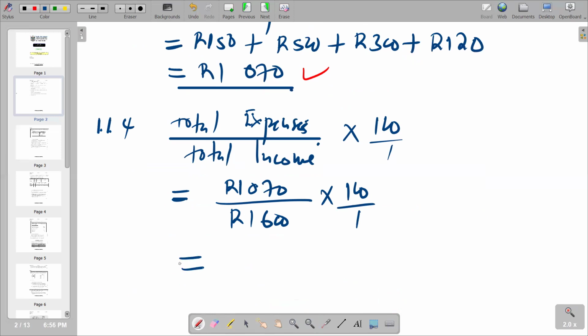And then what do we get? We are going to get 67. If you calculate it correctly, let's see what you get there. So basically, it's 1,070 divided by 1,600.